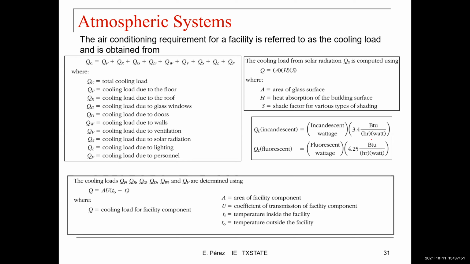And we have some additional formulas in addition to the cooling load for the facility component. A formula that takes into account the area and the coefficient of transmission of the facility component and the temperatures. We also have some additional formulas to compute the cooling load from solar radiation and also for the lights that we have inside the facility.